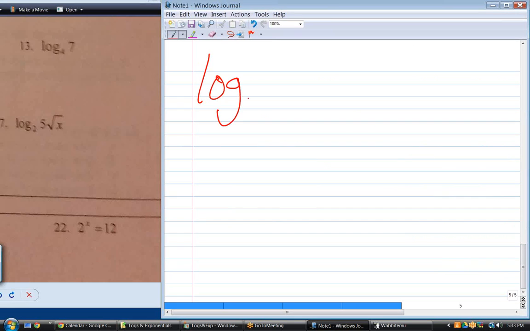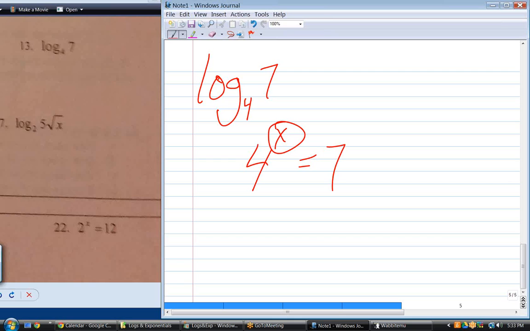So how would I get, again, if I express this exponentially, what's it going to look like? 4 to the x power equals 7. Can I solve that? In other words, the only time you can solve these without a calculator is if this is a whole number. Well, not totally.